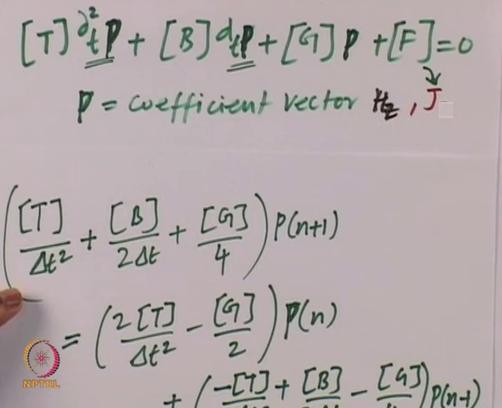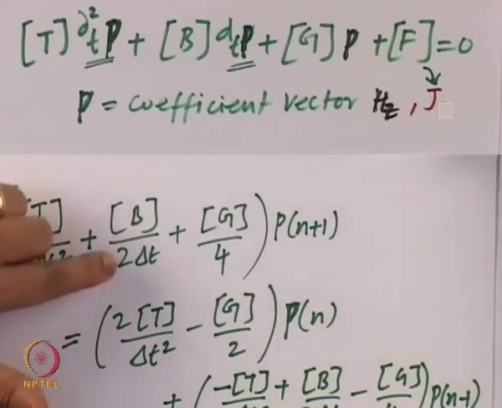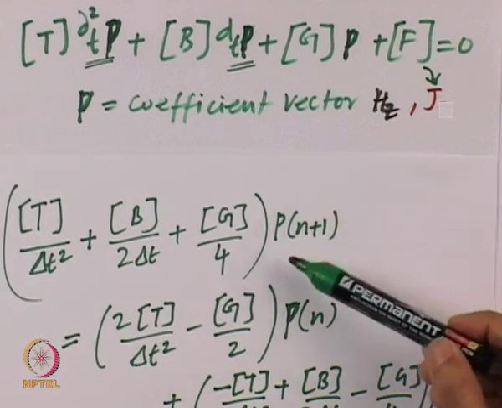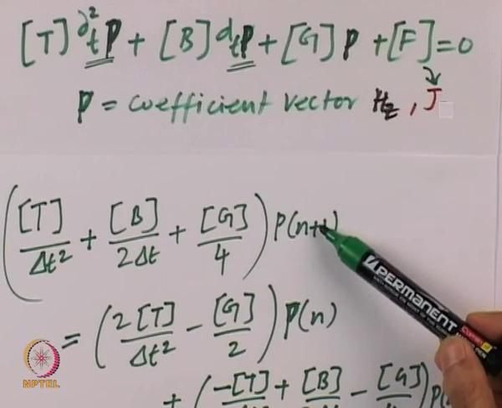So it is logical to see that wherever there is the T matrix, the value is a central differencing, which is basically the second order derivative of T here, and then for B you have 2 T values, and you have the value for G which is given by 1 by 4, and they are all multiplying the time step n plus 1.